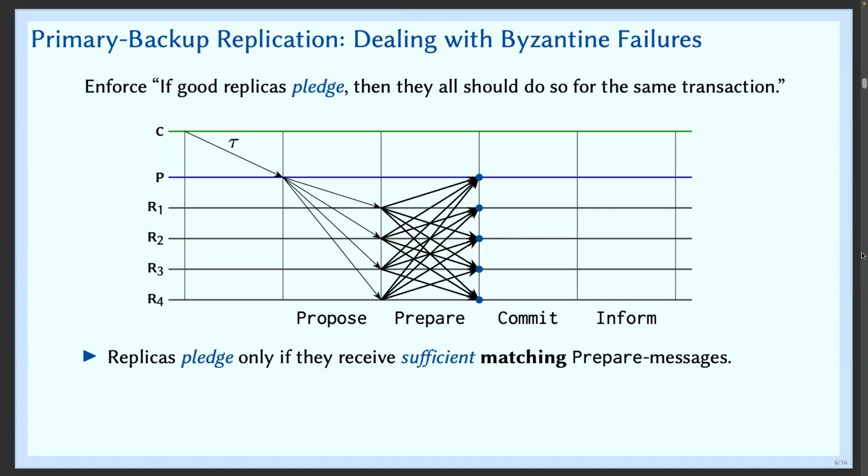But in the worst case, f of them could be from faulty replicas. So every time I form a quorum, I can ensure that f+1 of them are good and up to f could be faulty. So anytime I form a quorum, I know the majority within that quorum are always from honest replicas, or good replicas. Does it make sense?